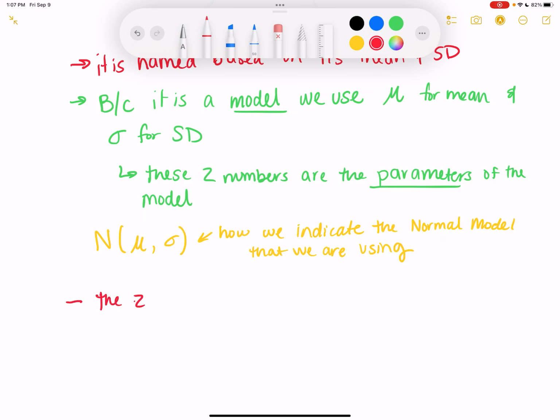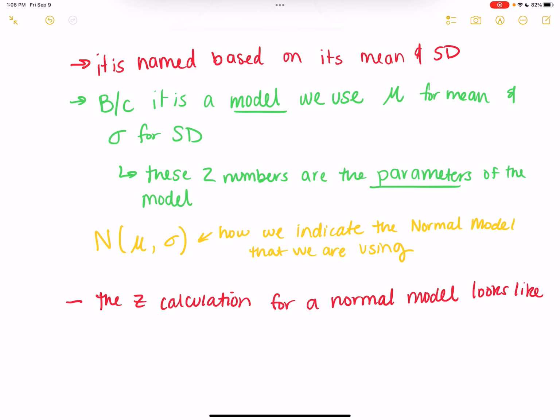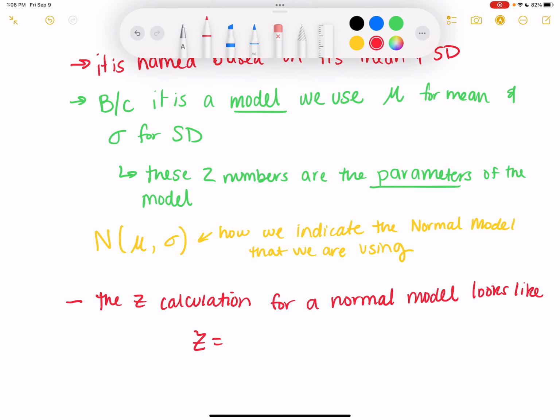The Z calculation for a normal model looks like, and this is going to look familiar, Z equals Y minus mu over sigma. Mu is just another way to write X or Y bar, and sigma is another way to write the S. Eventually you'll find out that one is for population and one is for sample, but that's a little bit farther down the road.